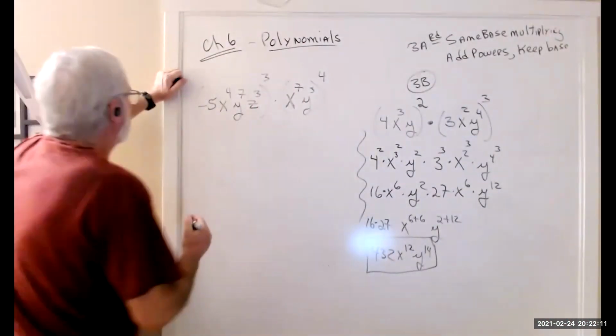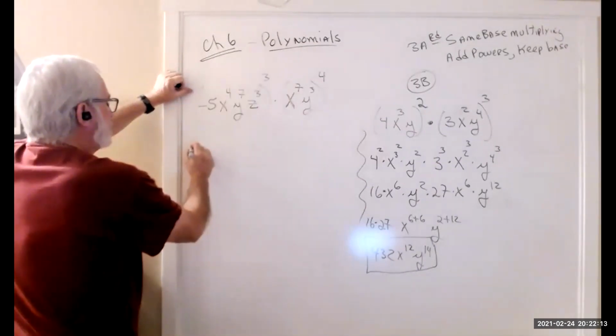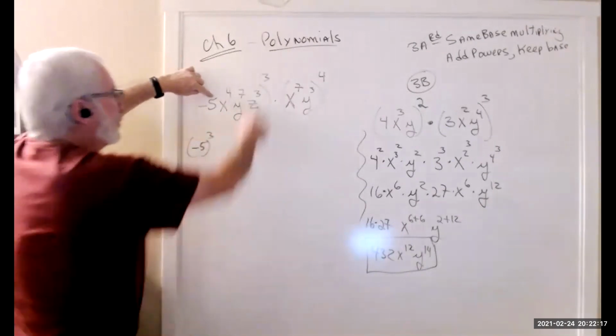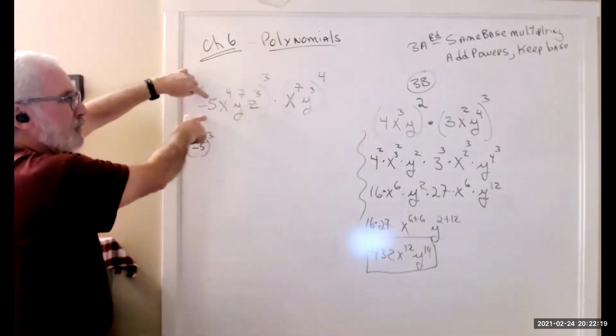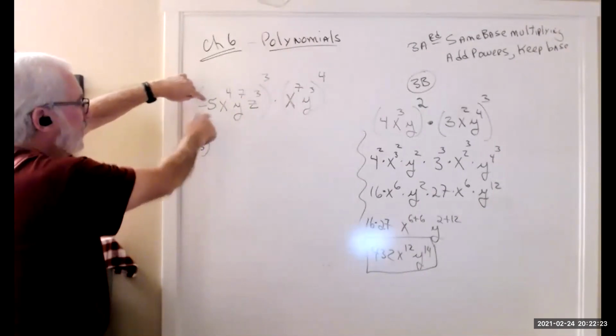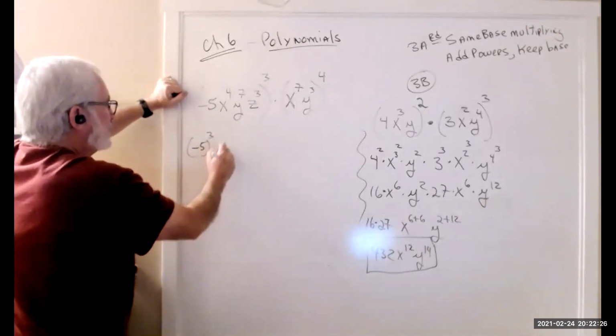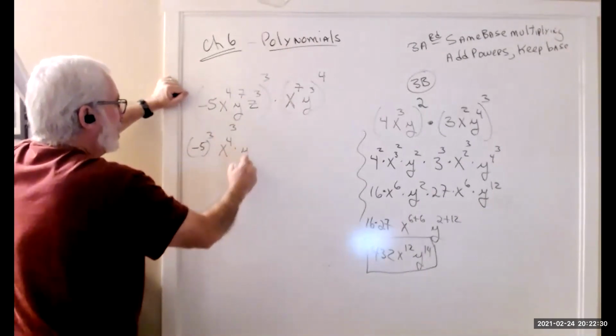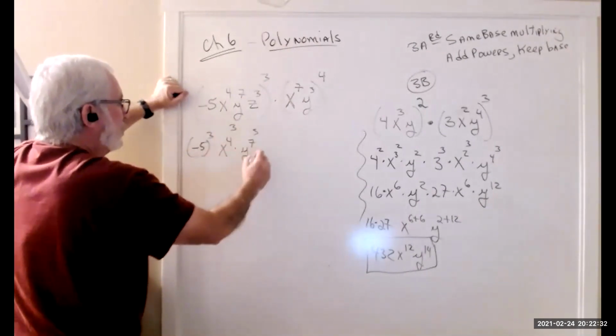So speeding up a little bit, this is negative 5, quantity to the 3rd power. Remember, the 3 goes to the negative and the 5, the negative 5. That's the number. So all of that is being raised. This is x to the 4th to the 3rd. This is y to the 7 to the 3rd.